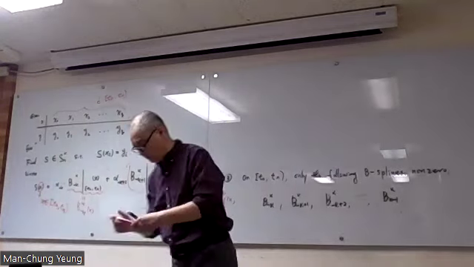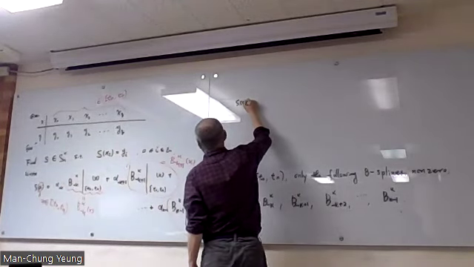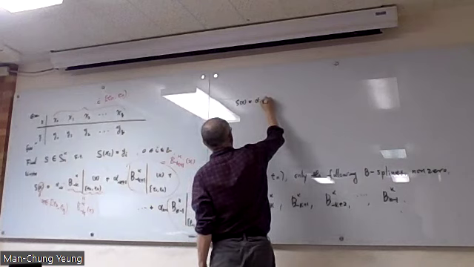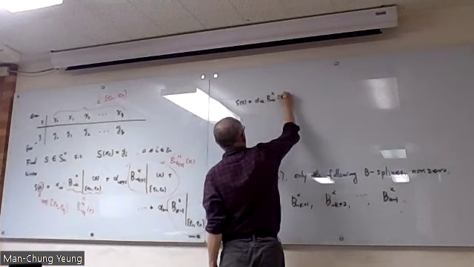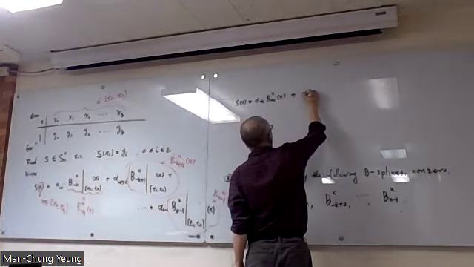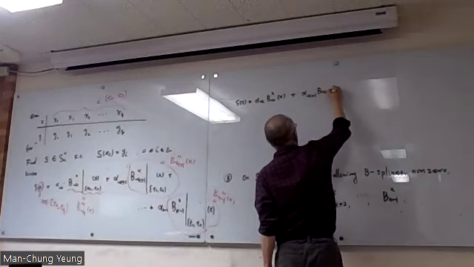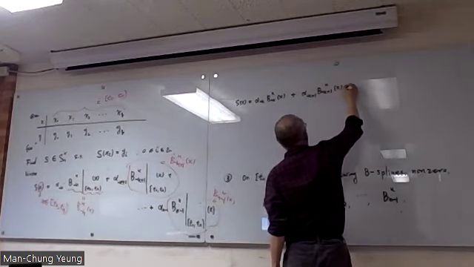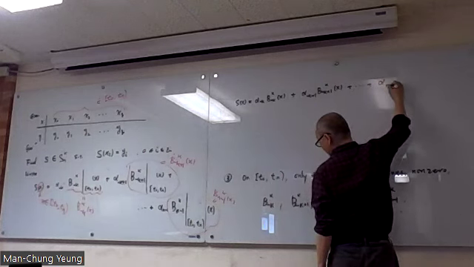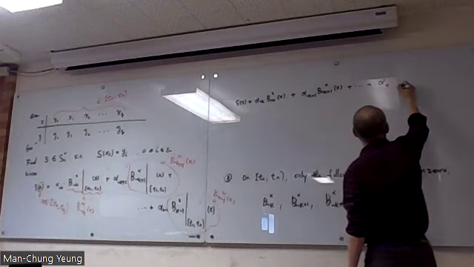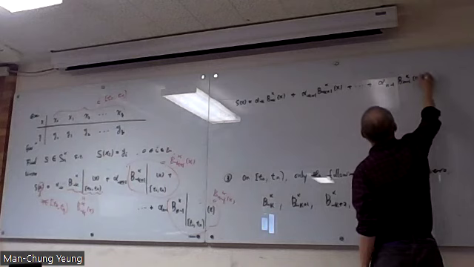Simplify the equation. So S of x is equal to alpha_{-k} B_{-k,k}(x) plus alpha_{-k+1} B_{-k+1,k}(x), and plus, and the last one, alpha_{n-1} B_{n-1,k}(x).